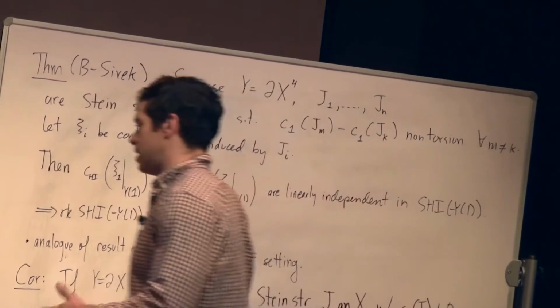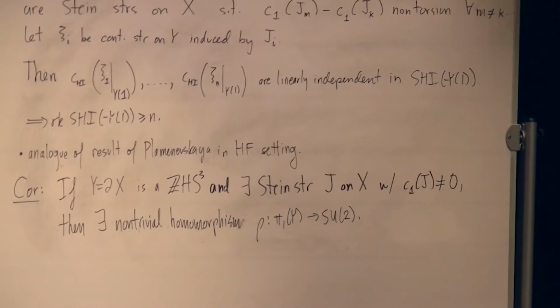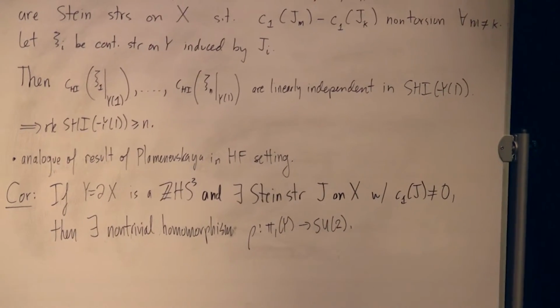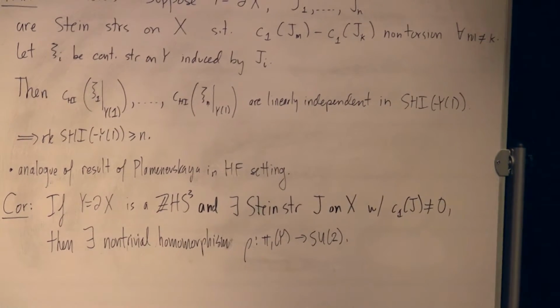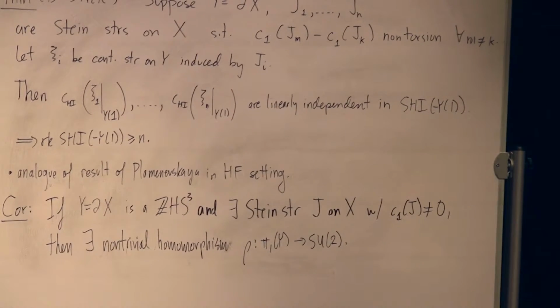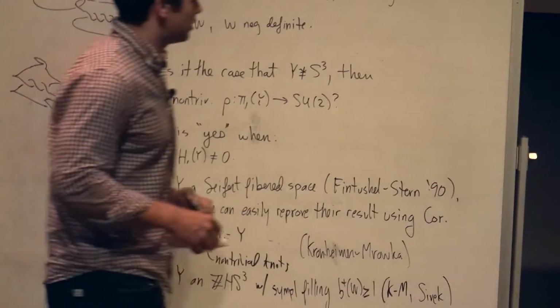Good. So that's the main thing I wanted to present. I'm almost out of time, so I don't think I'm going to be able to tell you how these sutured Floer homology groups are constructed and how our invariant is defined and then how we prove the theorem. I can explain that to anyone after and be happy to.